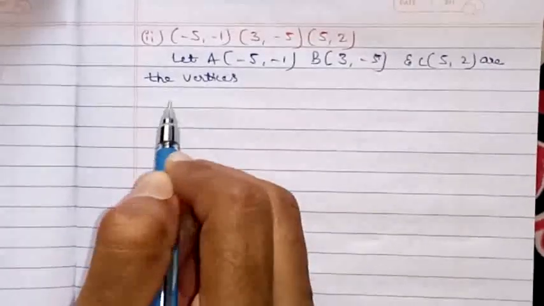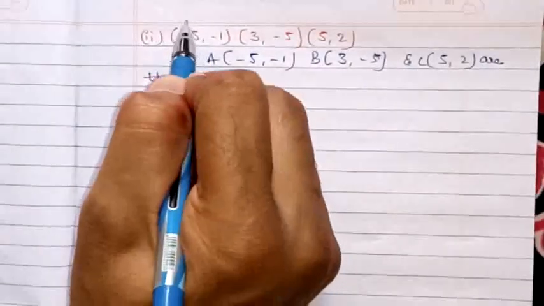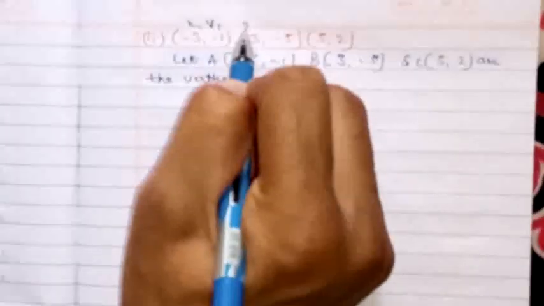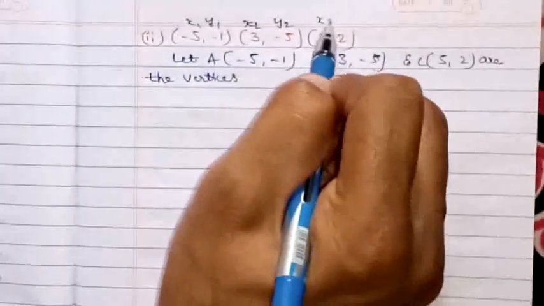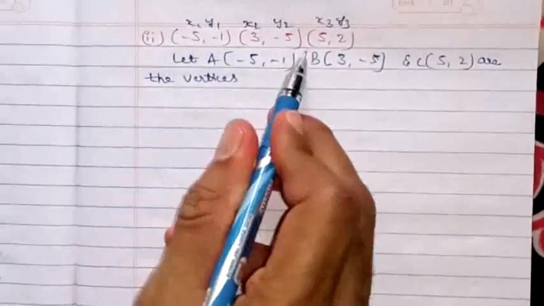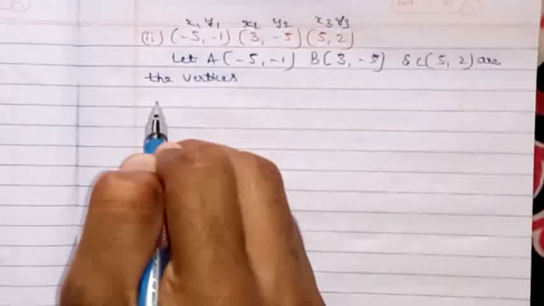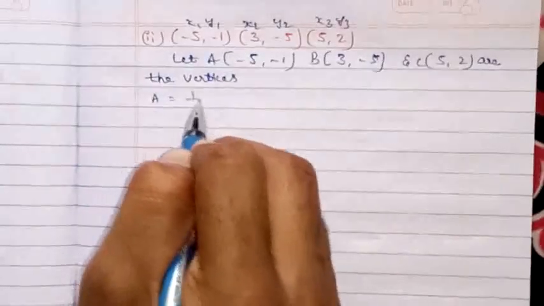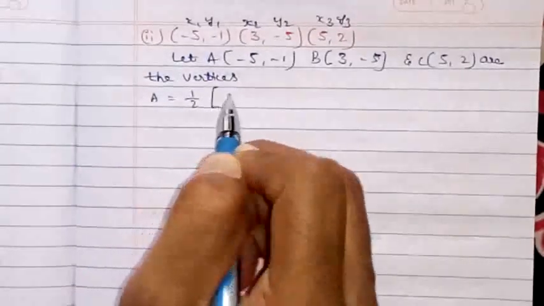Now as usual, write down the first one as x1 y1, this one as x2 y2, and this one as x3 y3. Now just apply these values to the area of a triangle formula. What is the area of a triangle formula? A is equal to half into, right?